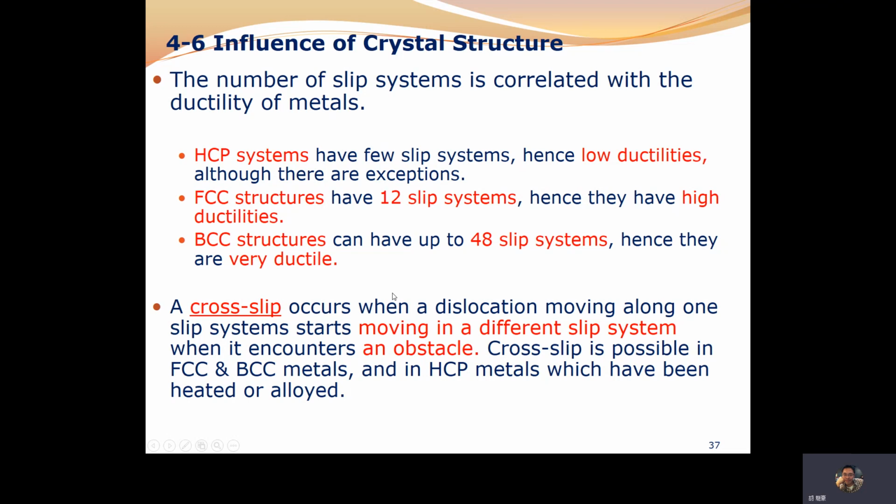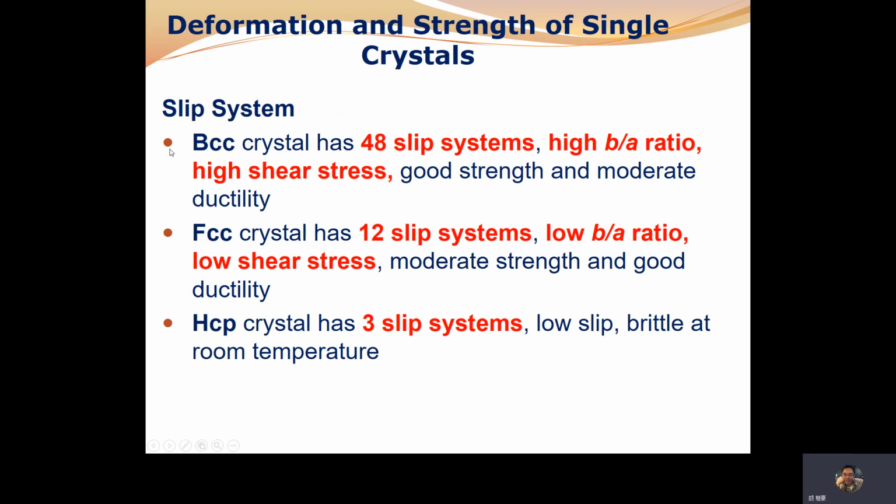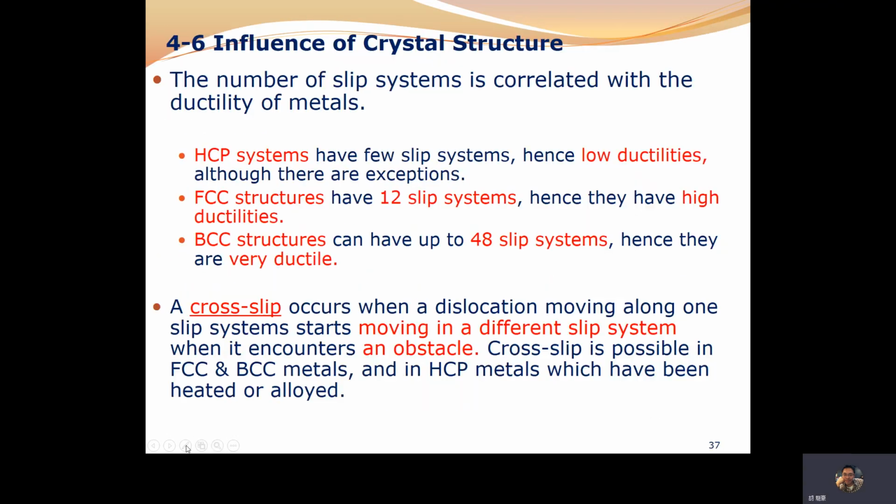Okay, therefore, we can look at the different crystal structures with different slip systems. For example, the HCP structure has few slip systems, only 3 slip systems.